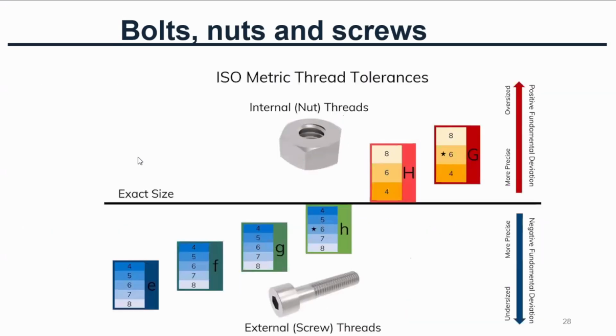Then here you can see some ISO metric thread tolerances, internal and external sizes. 6, 4 mean the grade, capital H, G mean positions.